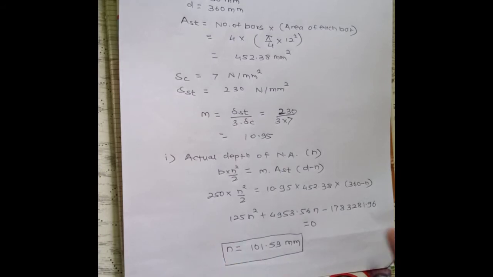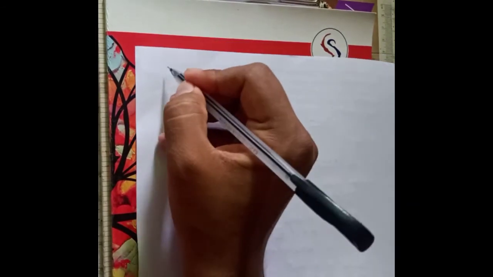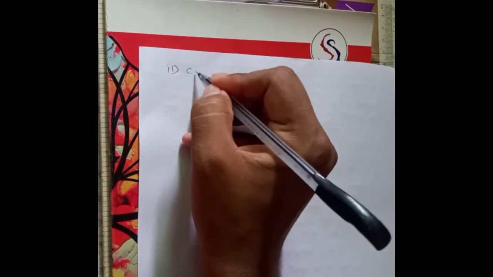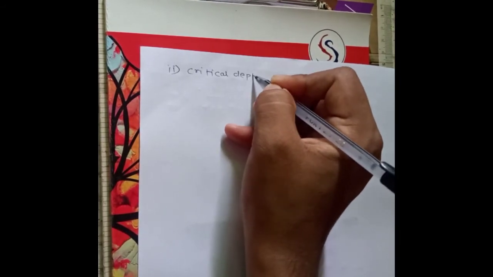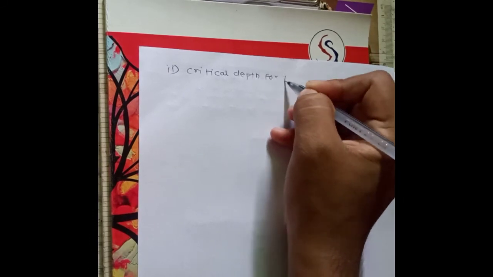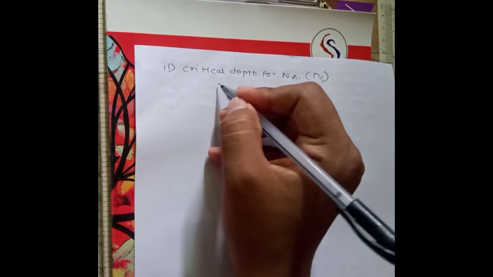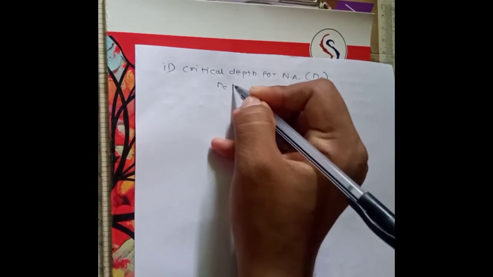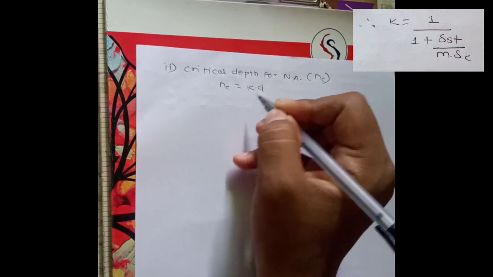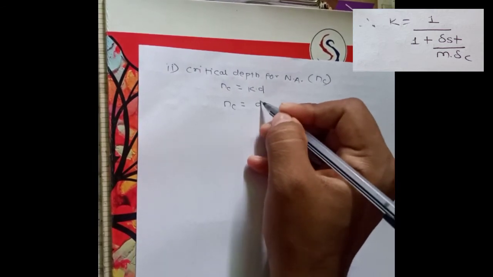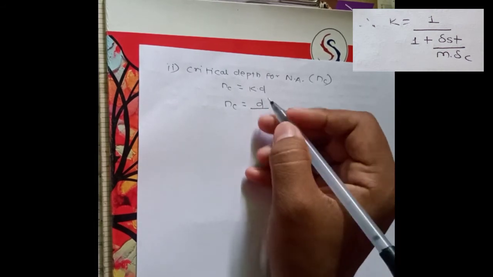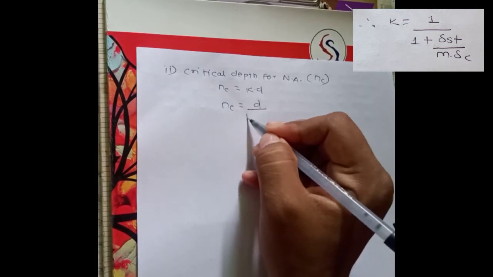Now we need to find the value of the critical depth of the neutral axis. So step 2, critical depth of neutral axis. It is denoted by nc. For this we also have a formula, that is k into d, and we know the formula of k.